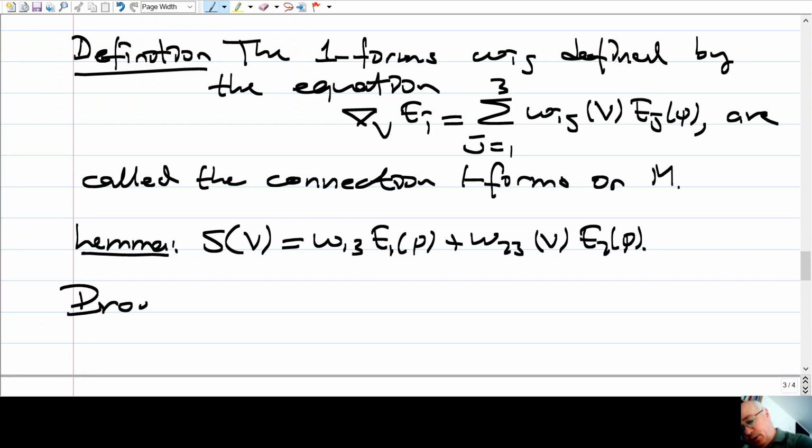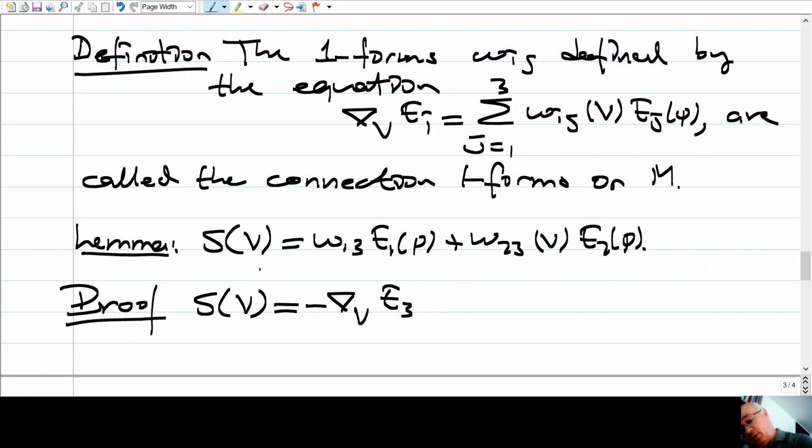The proof is simple. We just write down the definition. The shape operator is defined by minus the covariant derivative of E3, the normal vector in this case, along the vector v.